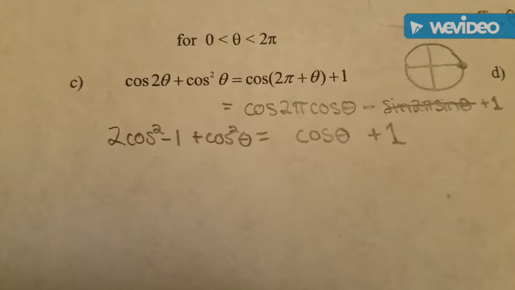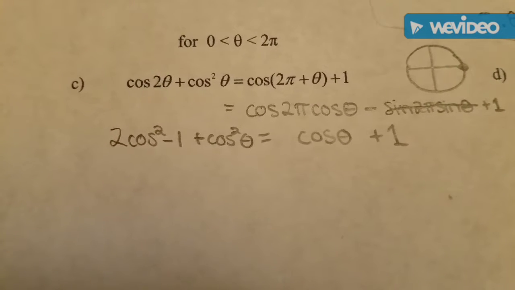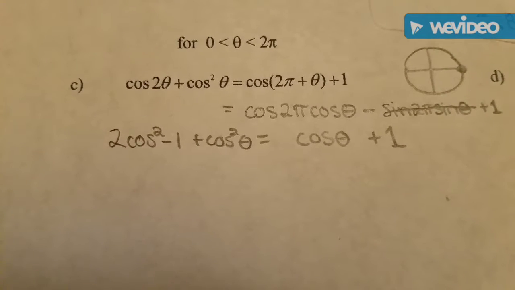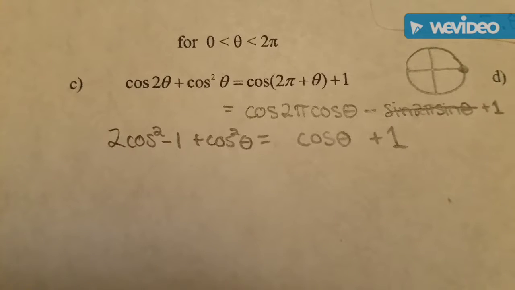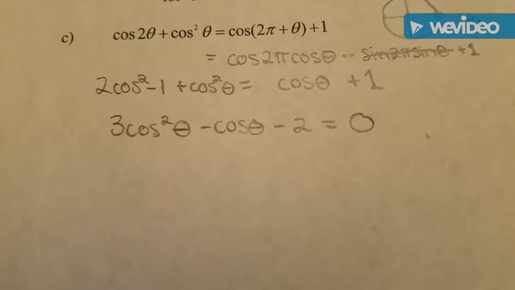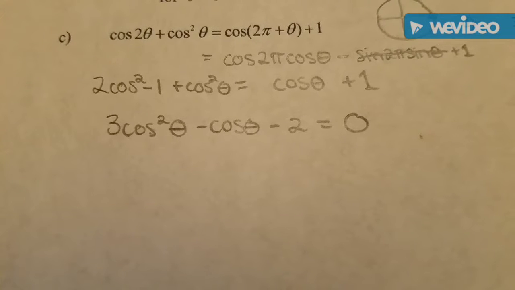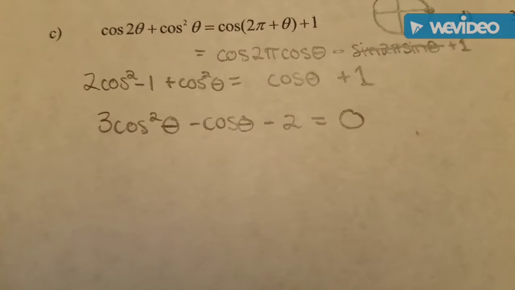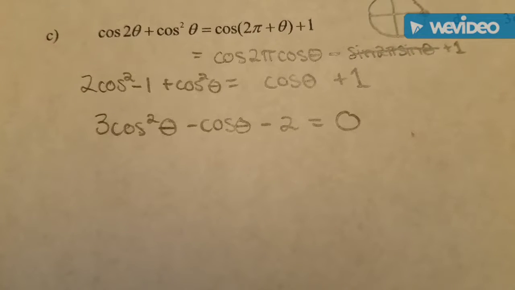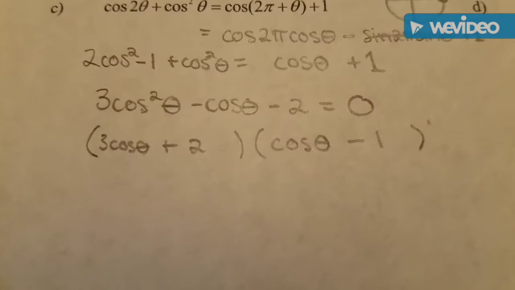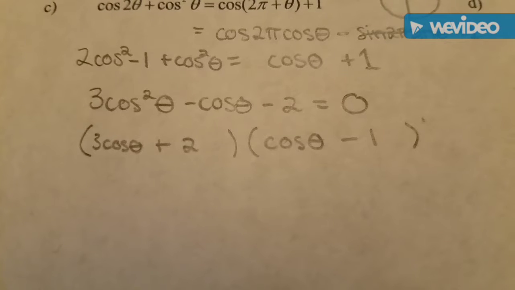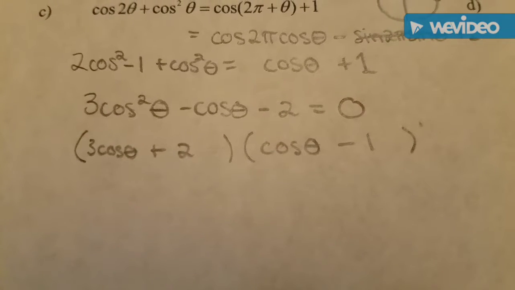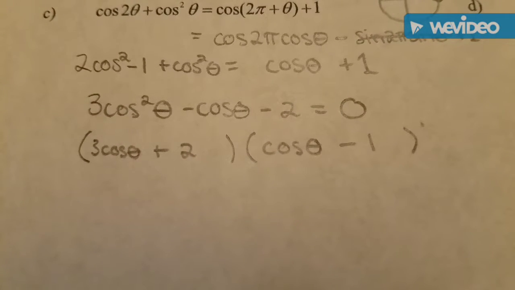And we're going to combine all like terms and move everything over to the left side of our equation and factor. So once we've moved everything over and combined everything, we get 3 cosine squared theta minus cosine theta minus 2 equals 0. This conveniently factors to 3 cosine theta plus 2 times cosine theta minus 1.